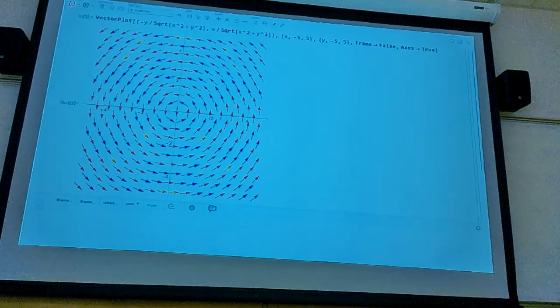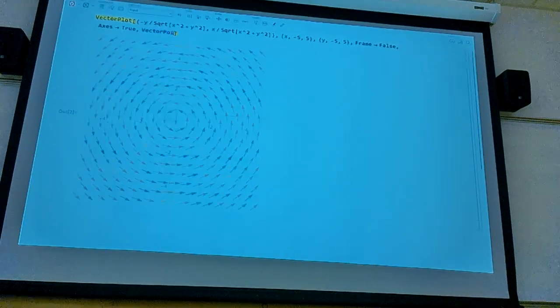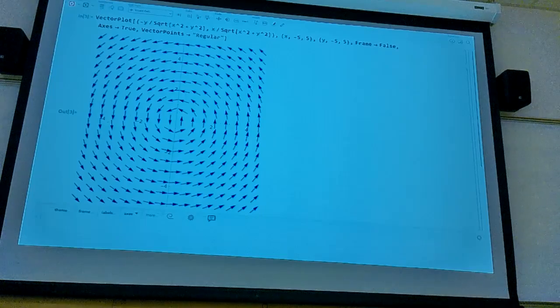That's what I use. Typically use the regular option for vector points. It is the color function.